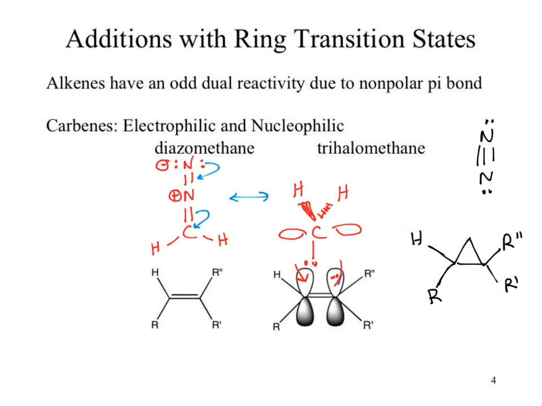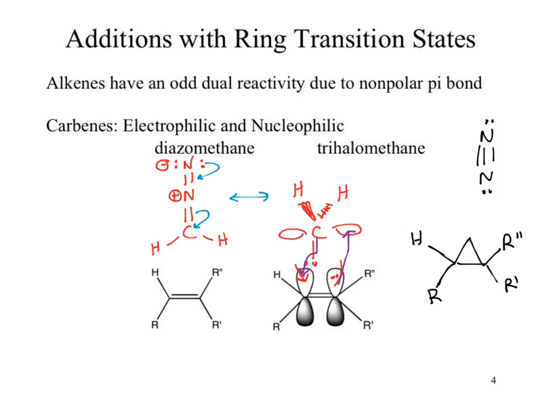So the electrons from our pi system can shift up into that p orbital. And our lone pair, which I know isn't officially a bond, but that's kind of what that's showing, can coordinate down into the empty p orbital of the pi bond. All right. So we end up forming a cyclopropane structure. Kind of neat, sort of bizarre, interesting chemistry.